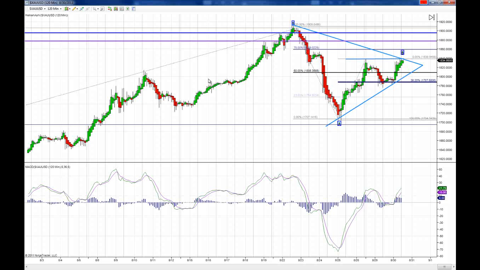However, when we take a look at this last move, this is our B wave coming in right here. Typically, a B wave will fall between 50% and 75% of the move that you saw in A. And as you can see, it falls just at a midpoint of that. So that seemed logical.